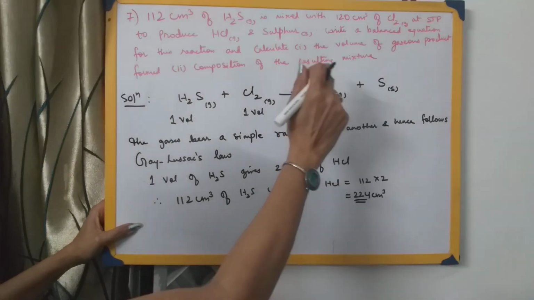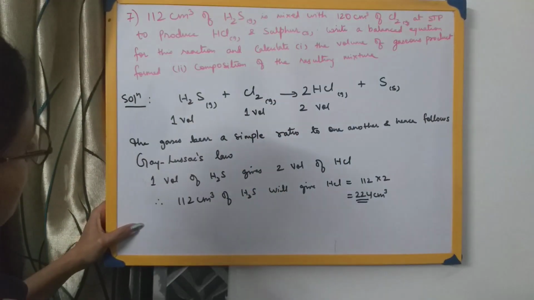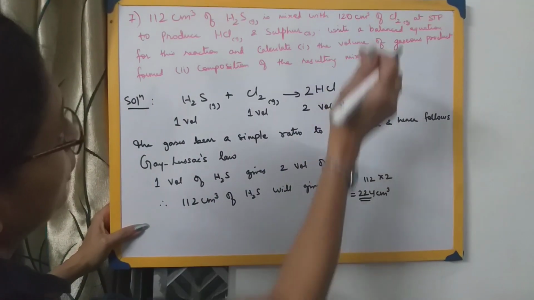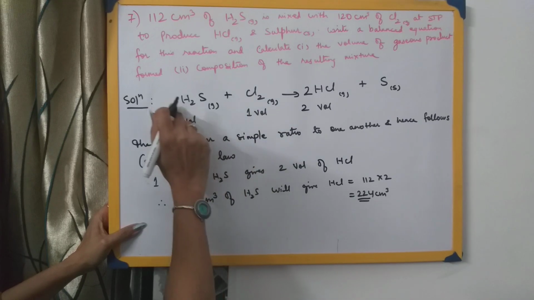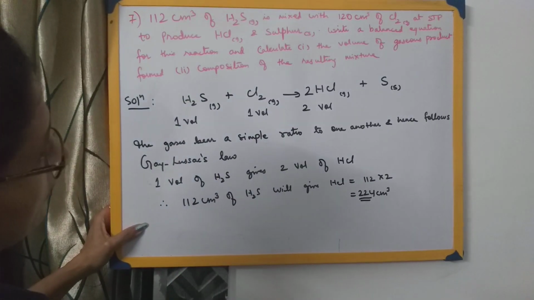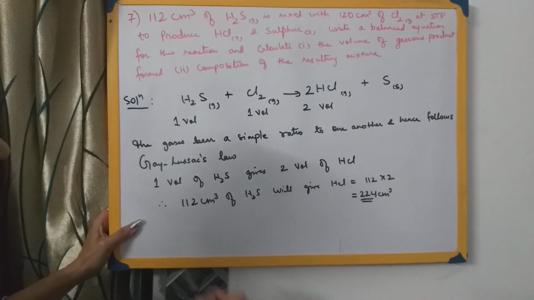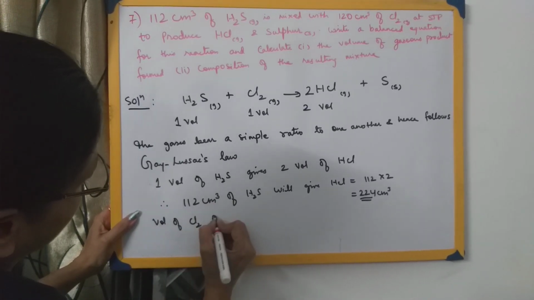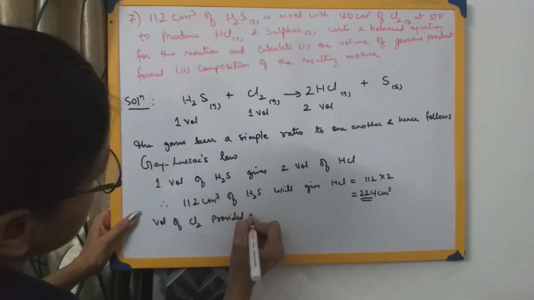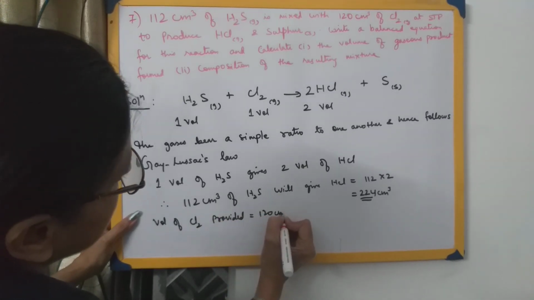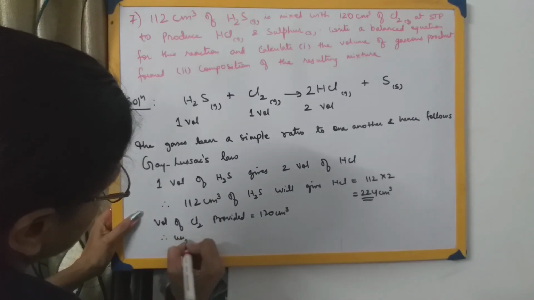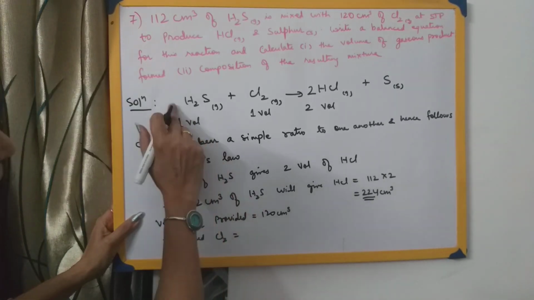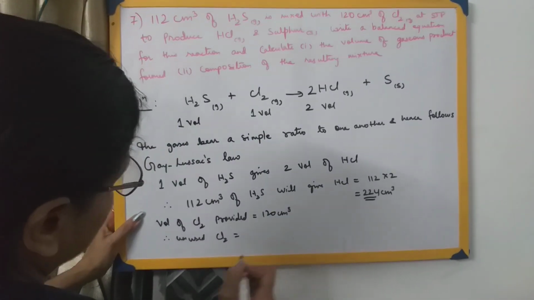Next we have to find out the resulting mixture. So we need to find how much has been unreacted. We have been provided with 120 cubic centimeter of chlorine, and 1 part of hydrogen sulfide reacts with 1 part of chlorine. So let's find out volume of chlorine provided, that is equals to 120 cubic centimeter. Therefore unused chlorine, 1 part is requiring 1 part, so that is okay.